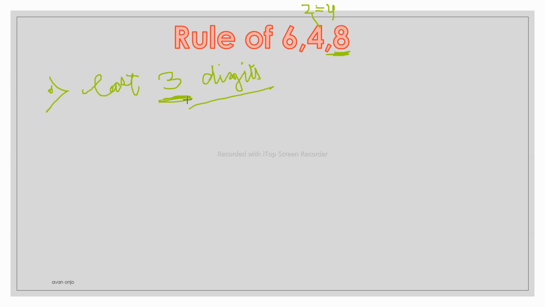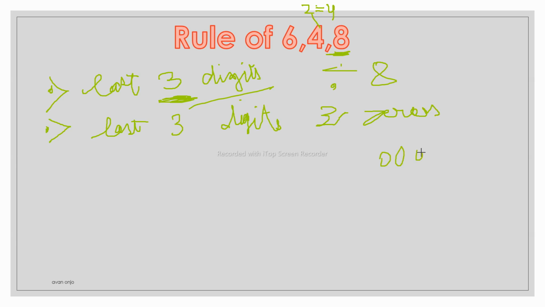So the last 3 digits should be divisible by 8, which gives you the divisibility rule of 8. There is another condition where we can say that it is divisible by 8, that is, the last 3 digits are 3 zeros, 1 2 3, like this.